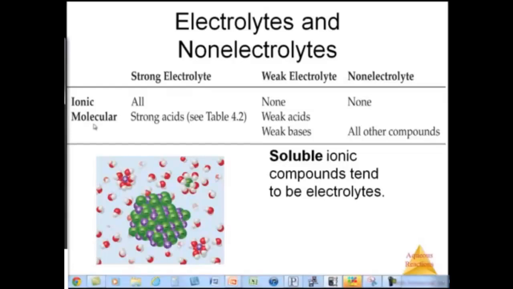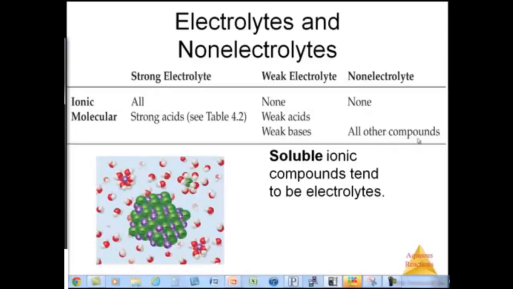For molecular substances, all strong acids, and those are the ones you had to memorize, are strong electrolytes. Okay? All weak acids and weak bases are weak electrolytes. Remember, they only partially ionize, and it's because it's just partially ionized that it makes them weak. And all other compounds are non-electrolytes.